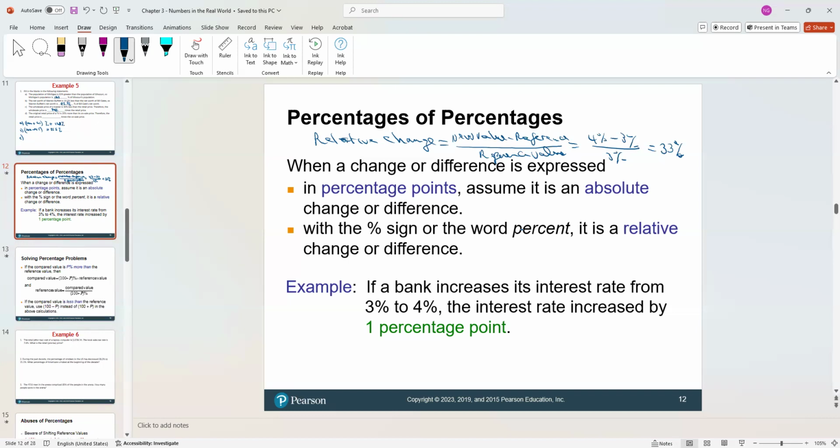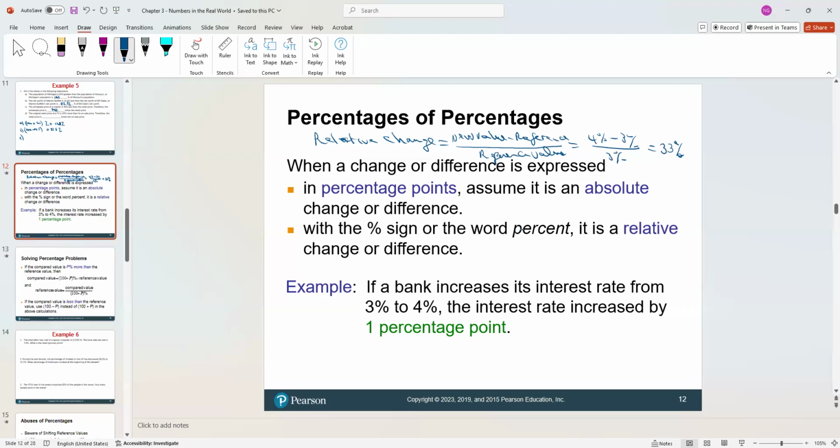Using the interest rate example, increasing from 3% to 4%: if you're talking about the absolute change from one percentage to another, use the words percentage points rather than a percent sign.